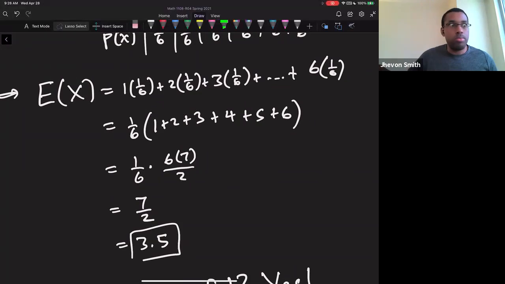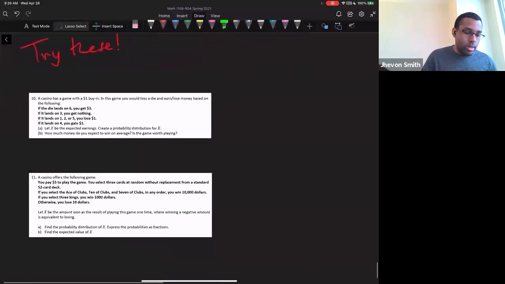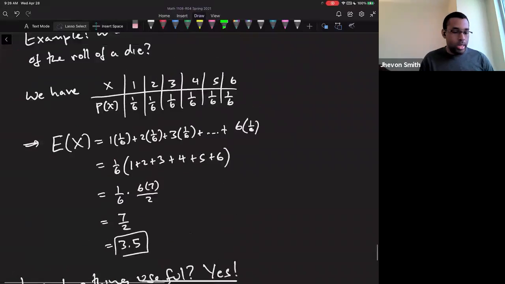You want to know how something will perform on average when there are only probabilities. You don't know for sure what's going to happen. But you want to know, on average, if this were to happen a lot, where would we be? That's what this actually answers. But try those 2 for next time and we'll see that.